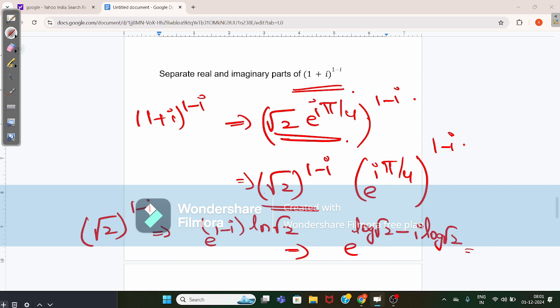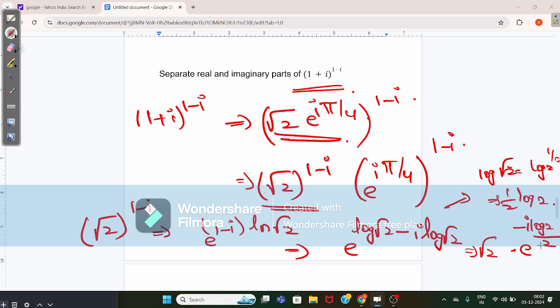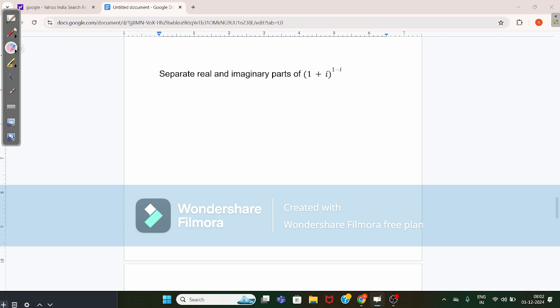Log root 2 can be written as log 2 power 1 by 2, which is 1 by 2 log 2. So the whole value becomes root 2 e power minus i log 2 by 2.